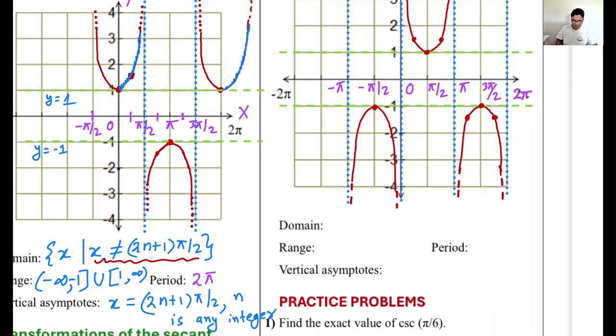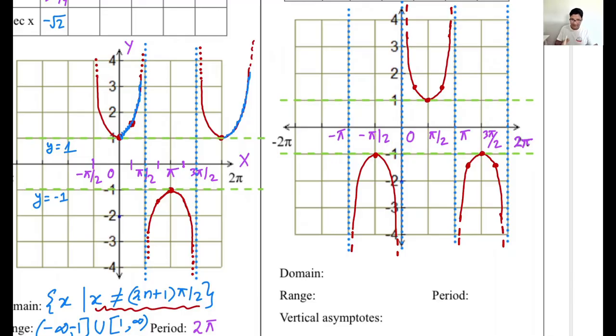And I wanted to go over the domain and range with you. If you have already written, you can check now. In domain, just like we avoided the odd multiples of pi over 2 earlier, now it will be even multiples of pi over 2, but the even multiple of pi over 2 would be just the multiple of pi, right? The 2 gets cancelled.